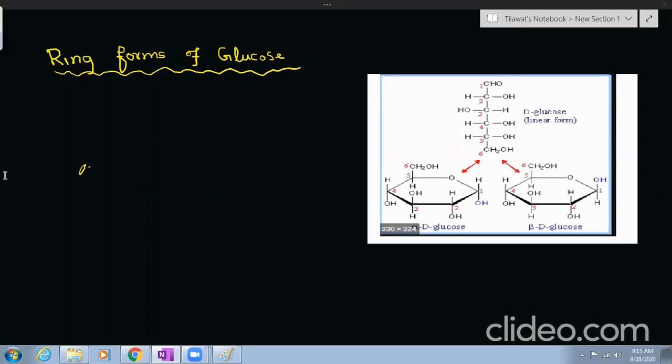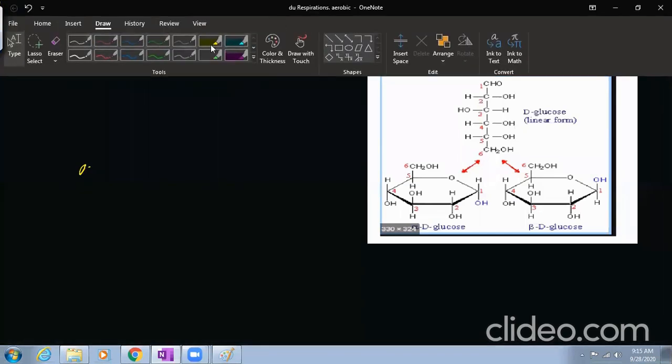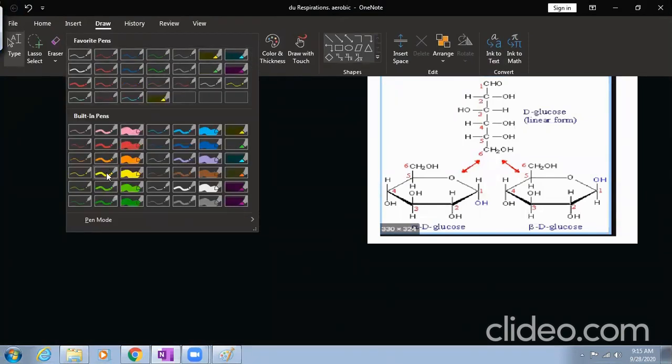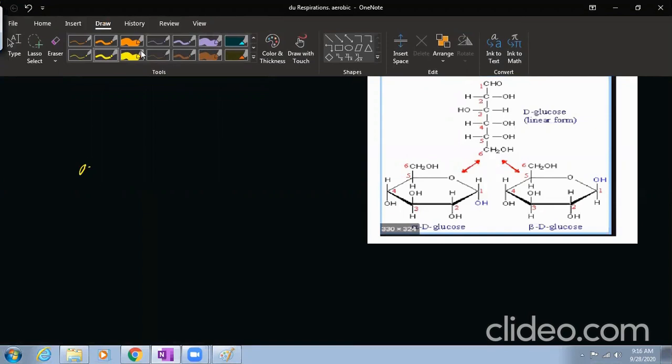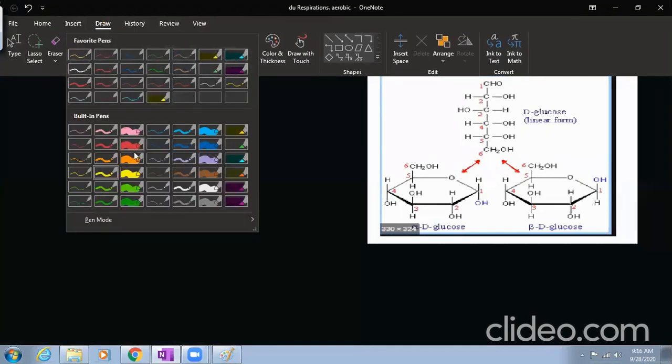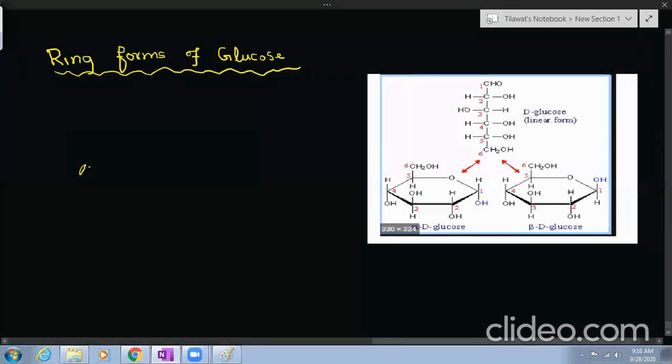You can check here, this straight form will convert into ring form by the formation of bonds between this oxygen of carbon number 5 and carbon number 1.